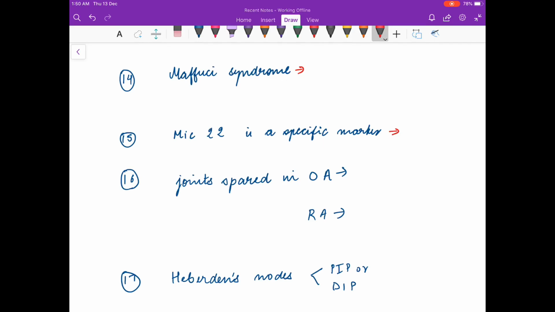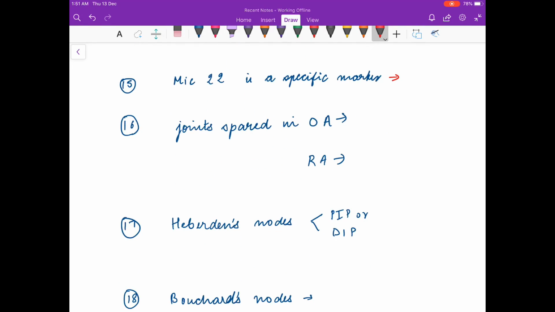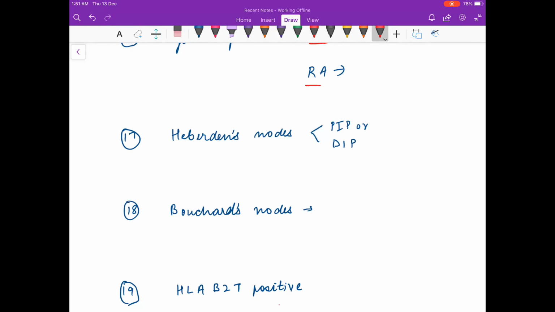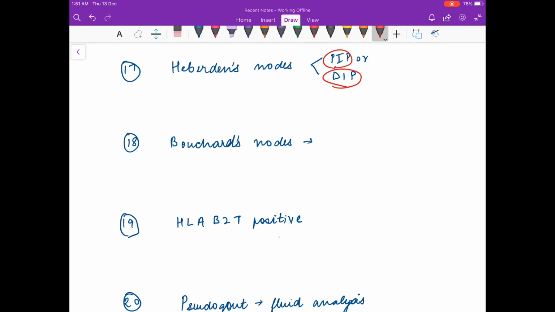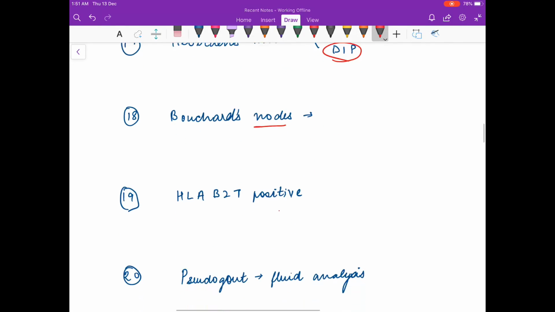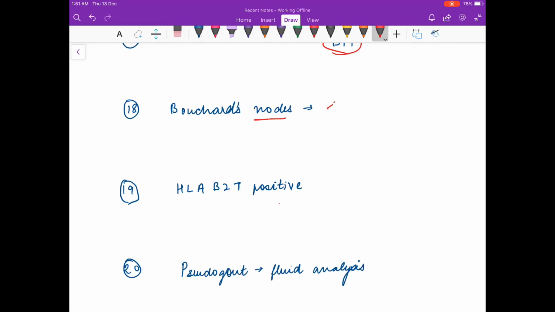MIC-2 is a specific marker for. Joints spared in osteoarthritis. Joints spared in rheumatoid arthritis. Heberden nodes involve PIP or DIP. Bouchard nodes are seen in PIP or DIP.